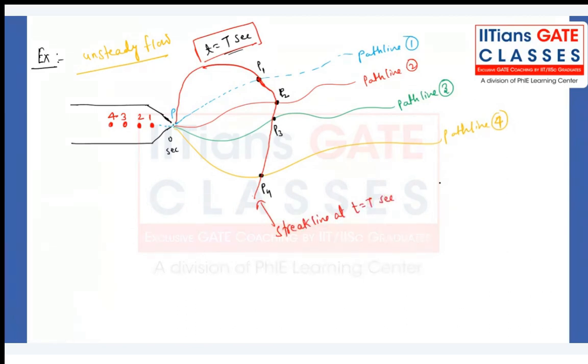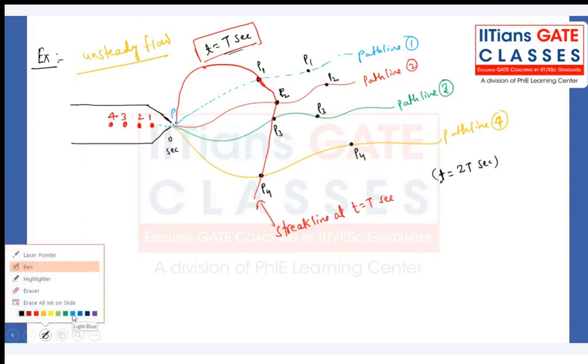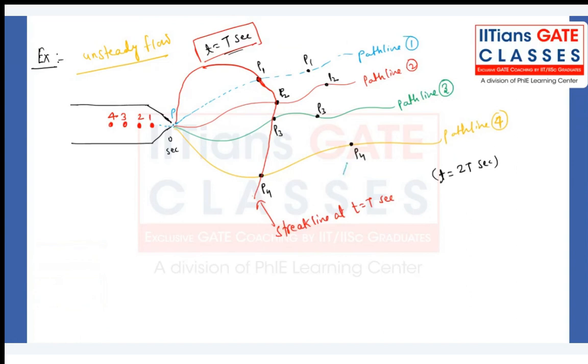Let's say I want to see my streak line at time t equal to 2T second. So let's say particle number 1 is here, particle 2 is here, particle 3 is here, particle 4 is here. So I will join this locus of all the particles through one line, but I will not leave it simply like that while joining all the points.